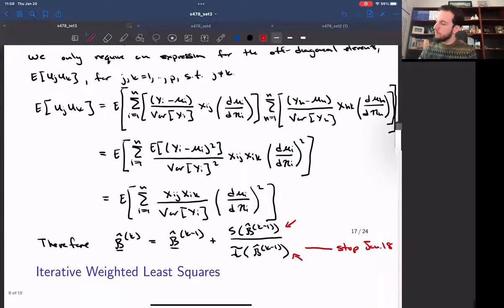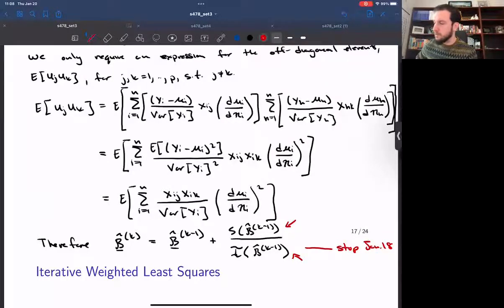So in the above, what we computed were the off-diagonal elements of that information matrix. And the diagonal elements are just the variances of the score functions, which in our case is just the expected value of the score function squared, right? Because the expected value of the score function is equal to 0. So we know the form of that as well.